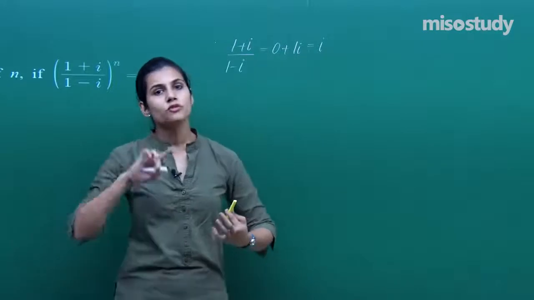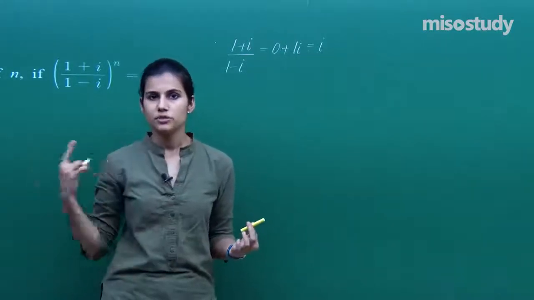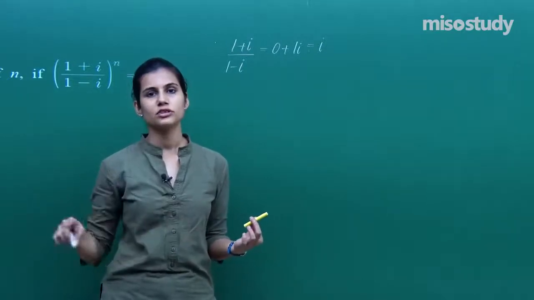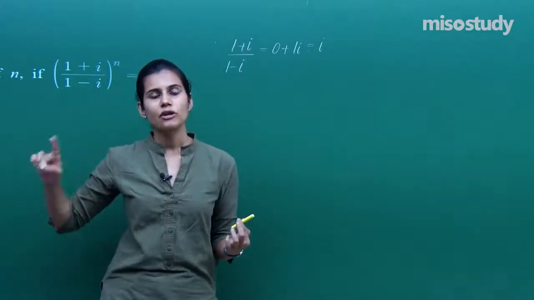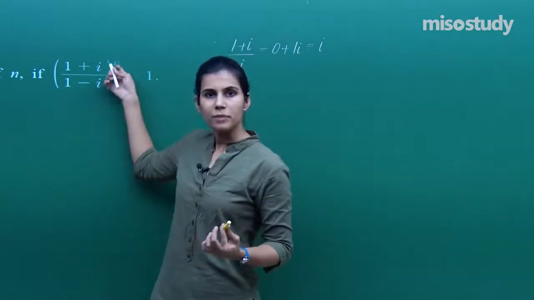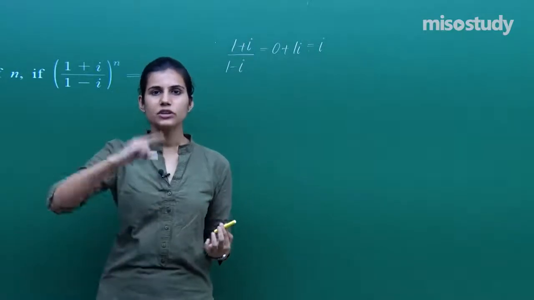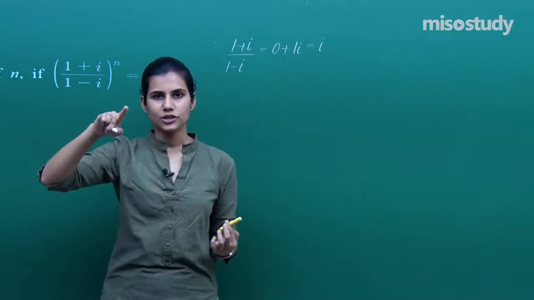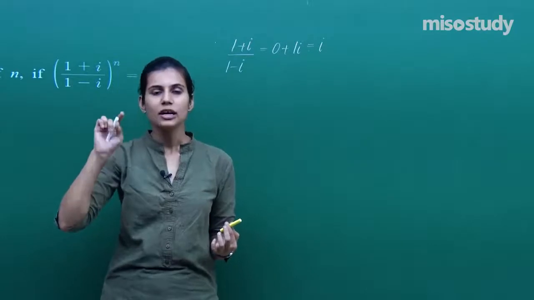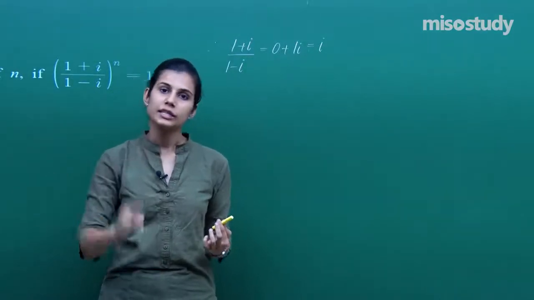The moment you move to iota raised to the power 5, again it would be iota. Iota raised to the power 6 would be again minus 1, iota raised to the power 7 would be minus iota, iota raised to the power 8 would be 1, right? But the least natural number for which iota raised to that power is giving you 1 is 4.